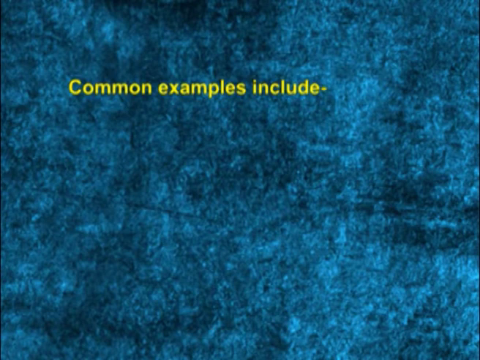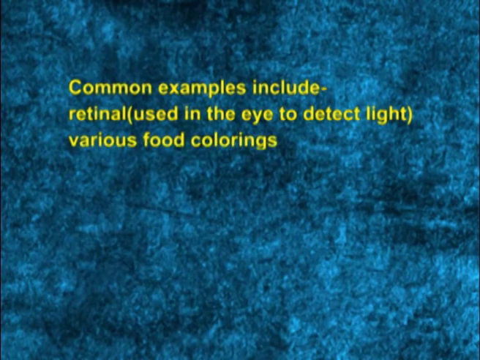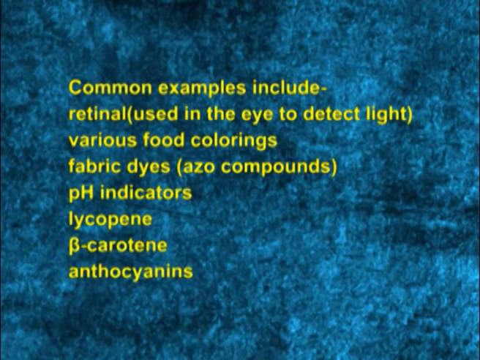Common examples include retinal used in the eye to detect light, various food colorings, fabric dyes like azo compounds, pH indicators, lycopene, beta-carotene and anthocyanins.